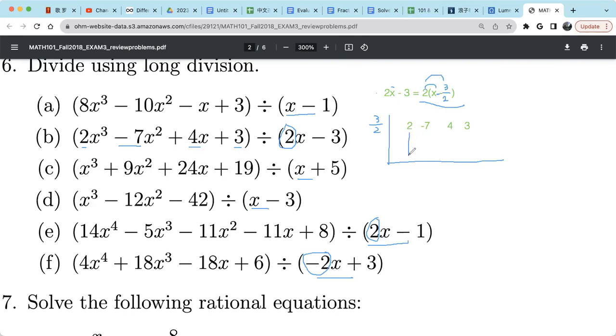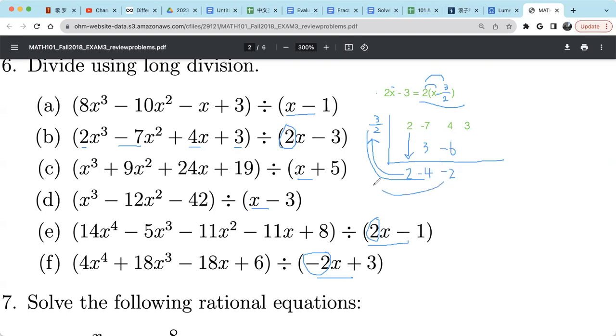We write down 2, whatever the first number is. We multiply 2 with 3 over 2. We get 3. We add negative 7 and 3, we get negative 4. We multiply negative 4 with 3 over 2. Well, negative 4 divided by 2 is negative 2. Negative 2 times 3, that's negative 6. We write below 4. We add those two numbers, get negative 2.